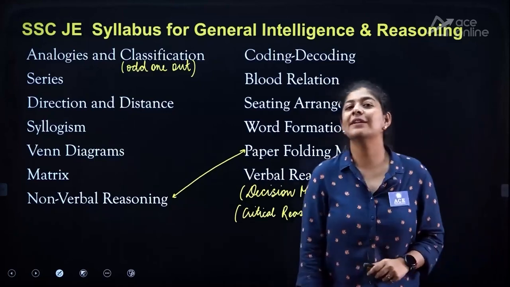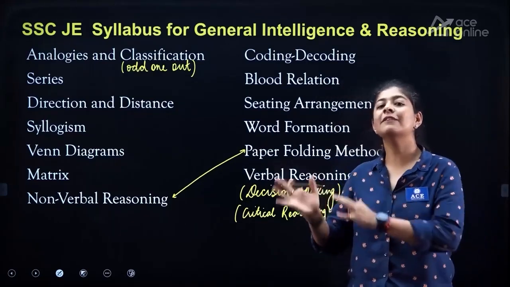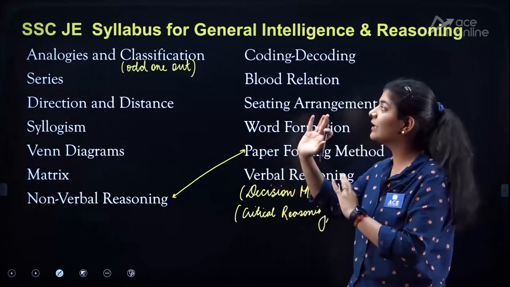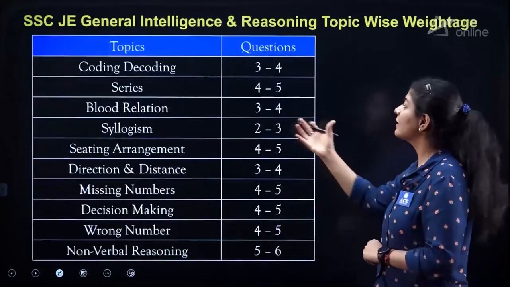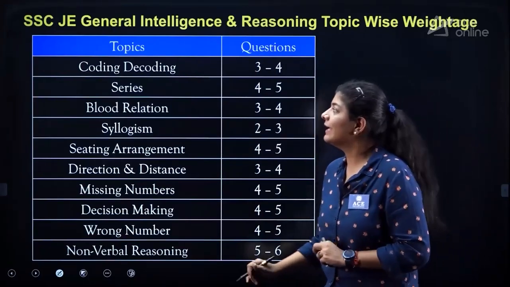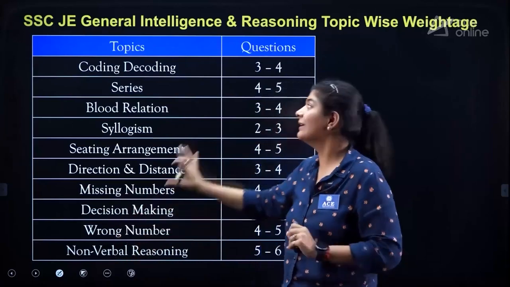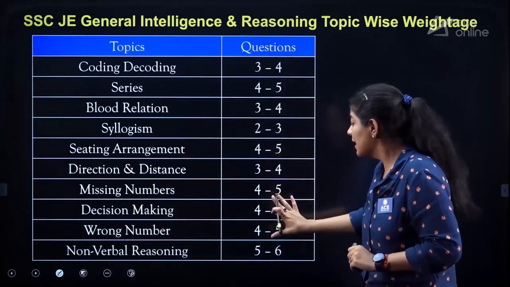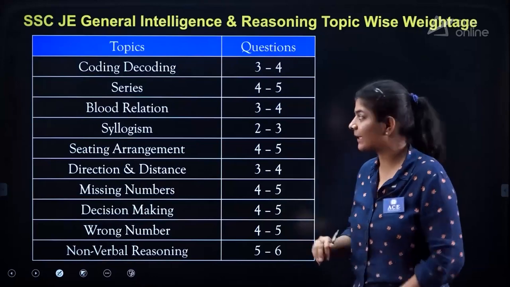Now let's try to understand the weightage. We prepared a table on the basis of the previous year question papers of SSC. Here we have a few most important topics, and accordingly we prepared how many questions were asked from each segment, right?